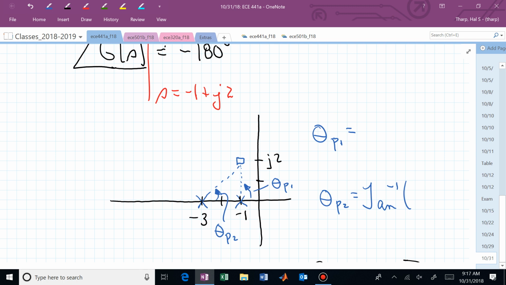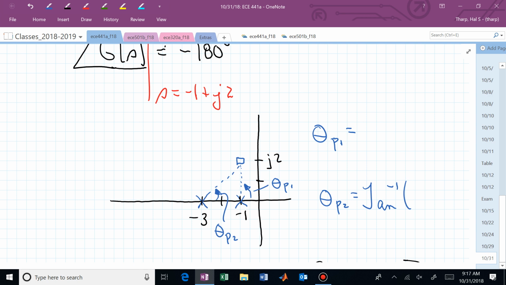What's the angle theta P1? What's the angle that that first pole makes in looking or going towards that point? If you had your protractor and measured it, you probably shouldn't have to measure this one with a protractor, but what's the angle from -1 up to -1 plus j2? Do you see that it's just 90 degrees?